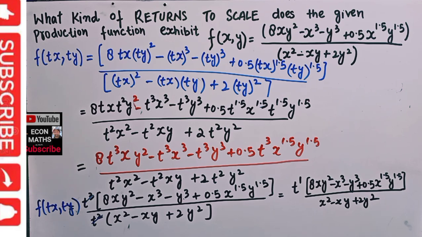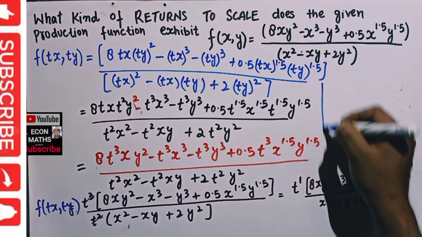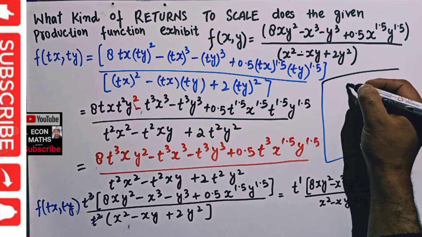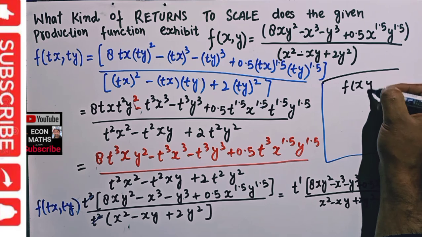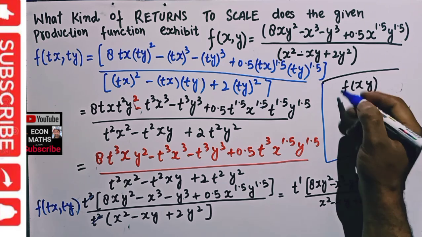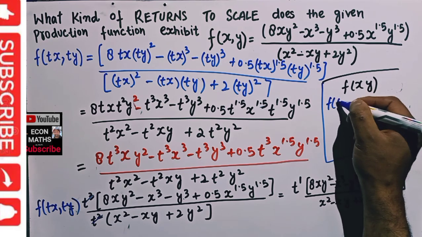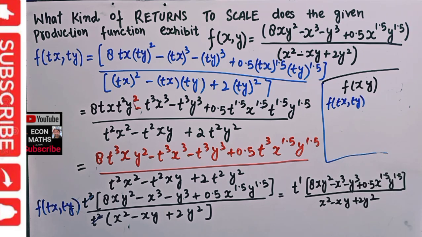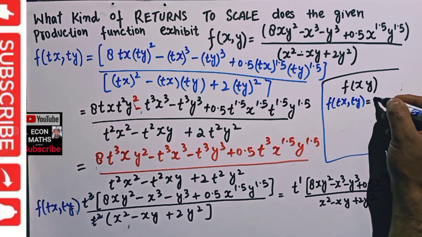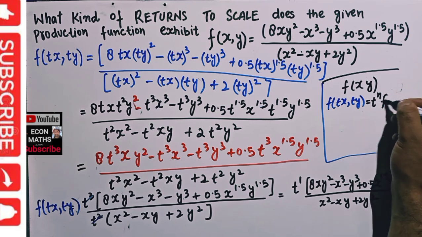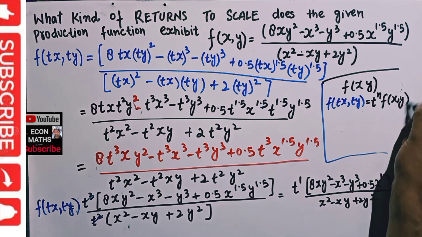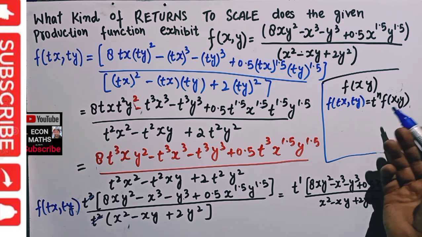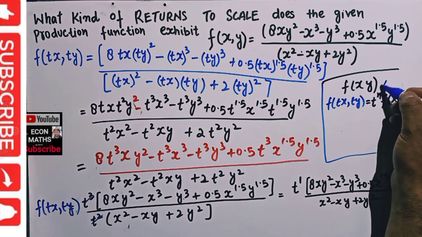Okay, as I have told you earlier, in a homogeneous production function, let us say f of xy is a given production function, if each input, f of tx ty, is increased by a factor t and if output increased by t raised power n, okay, we say the given production function is homogeneous, and the homogeneity is found by the value of the exponent.